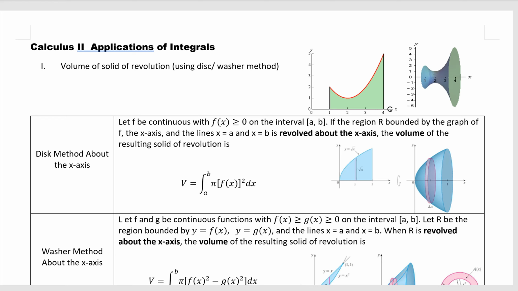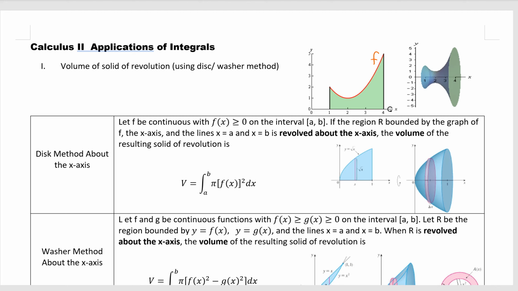We can use the disk method, shell method, or washer method. Here, f is the function. For this method about the x-axis, let f be continuous and non-negative on the interval a to b.